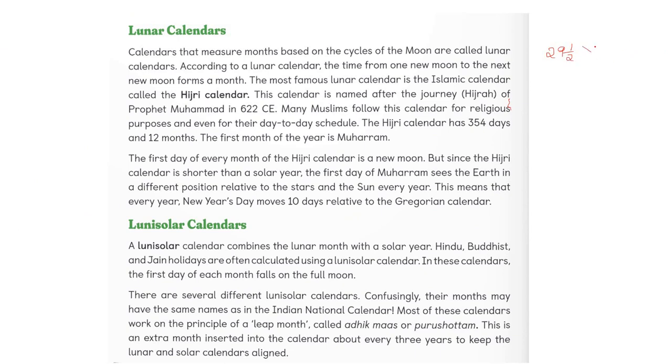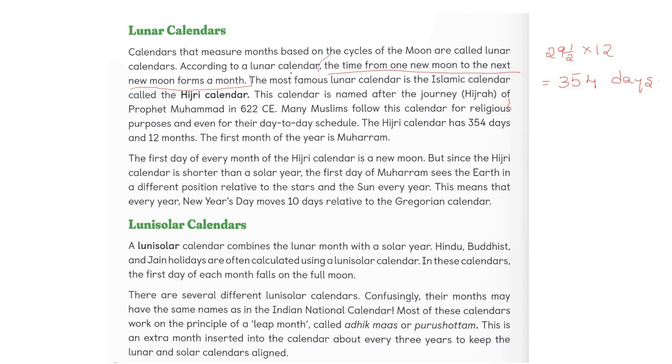So multiply 29.5 with 12, children. If there are 12 months, each with 29.5 days, we will be having only 354 days.